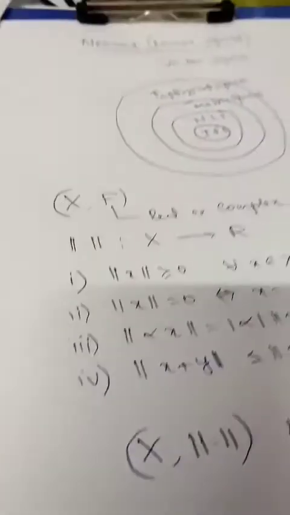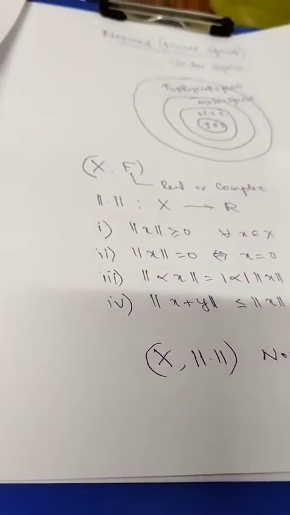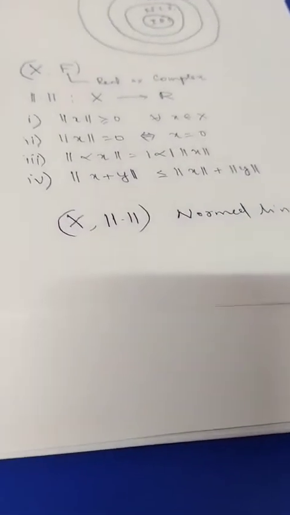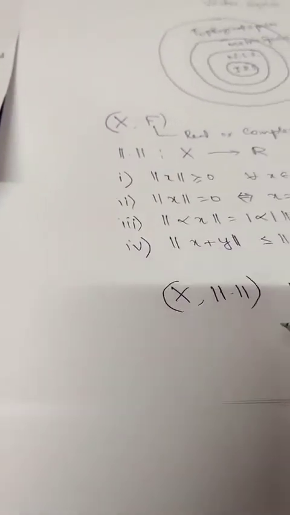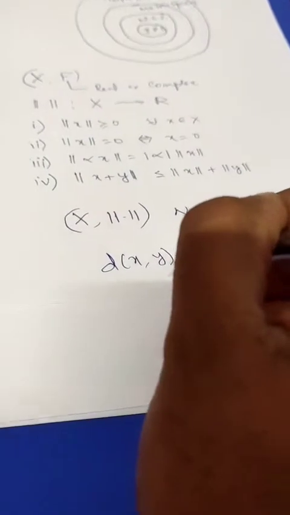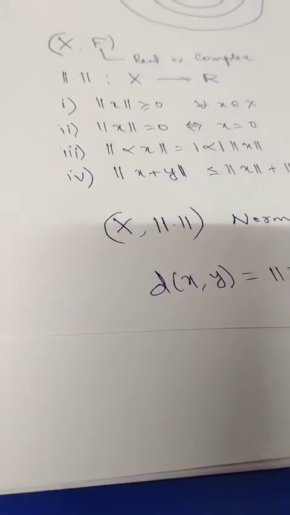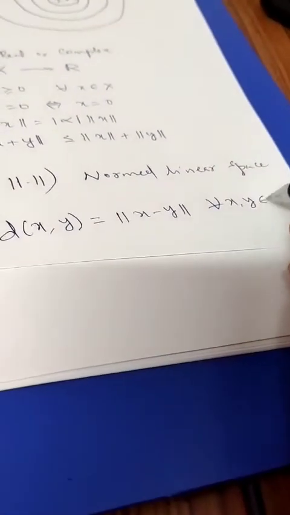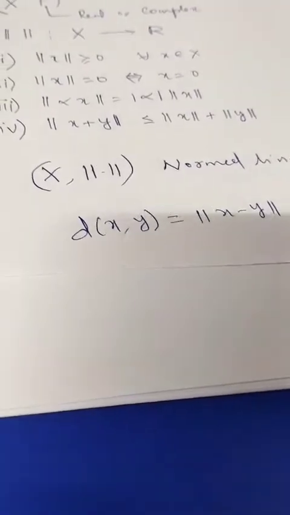Now, every normed linear space is a metric space by suitably defining a metric. For example, if I define the distance function as d of x, y equal to norm of x minus y for every x, y in X, then this normed linear space becomes a metric space.